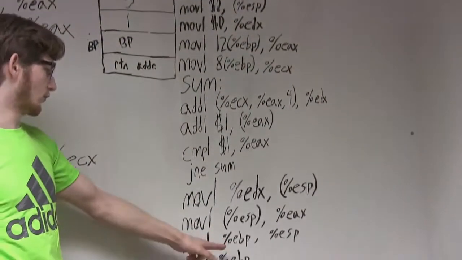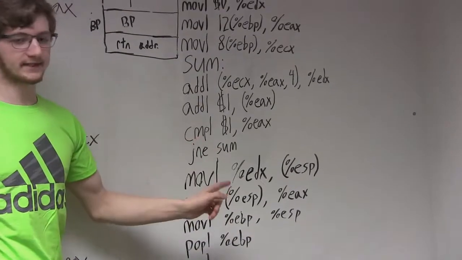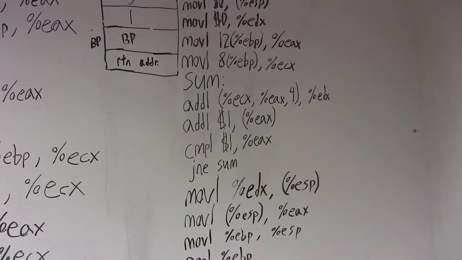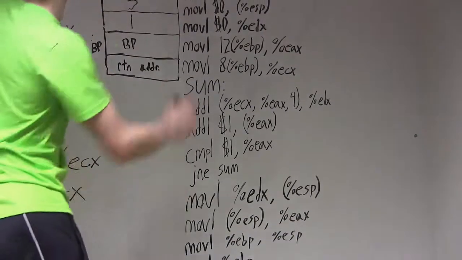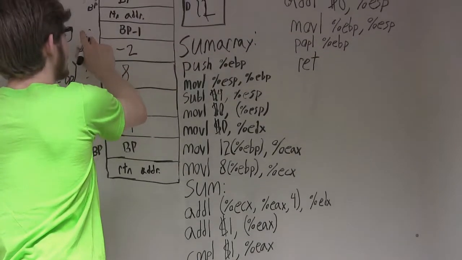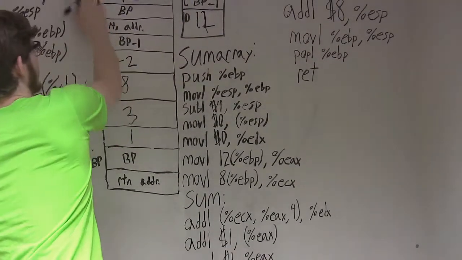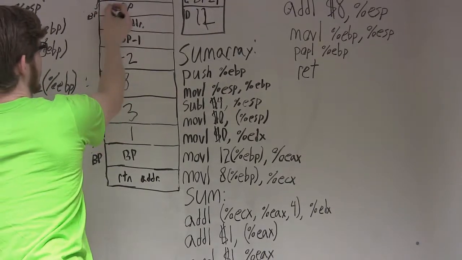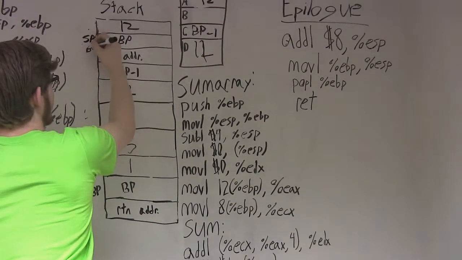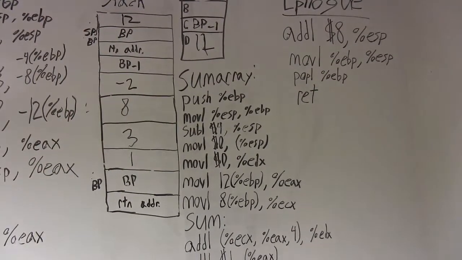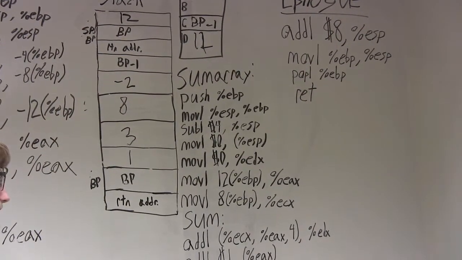We then move the base pointer to the stack pointer. Now, by doing that, we are actually moving the stack pointer down to the location of the base pointer, completely ignoring the top value of the stack because it doesn't matter to us anymore.